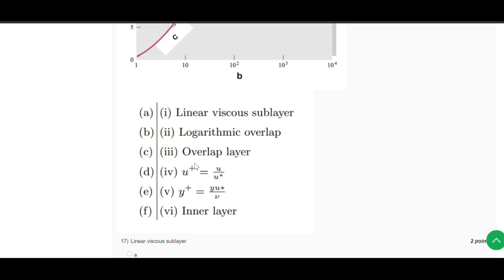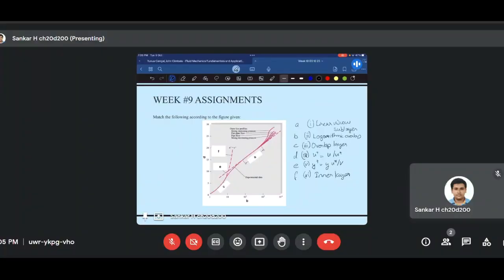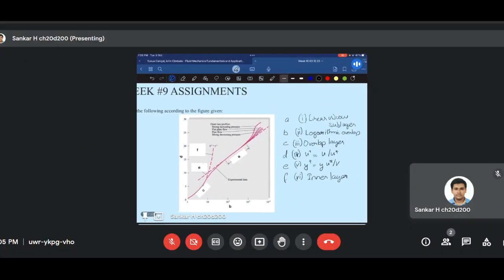U plus is equal to U by U star. Y plus is equal to Y U star by nu. And inner layer. Yeah, so I feel that I have not written down this part, so we just do this quickly now.